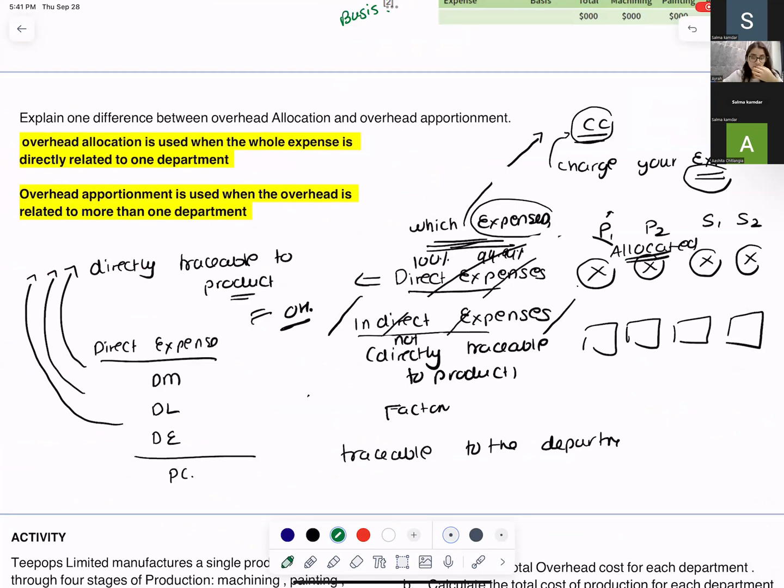Allocate is when you directly know the expense for this department. It is directly traceable. So when the item of expenditure is directly traceable, you will allocate it.